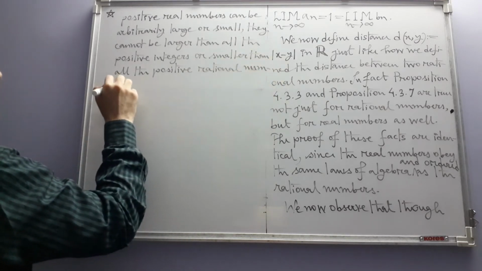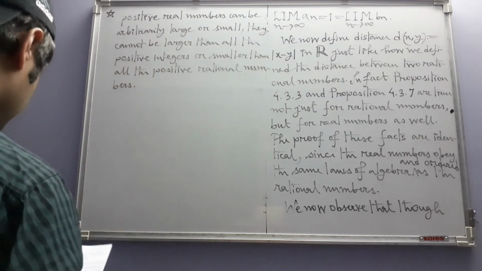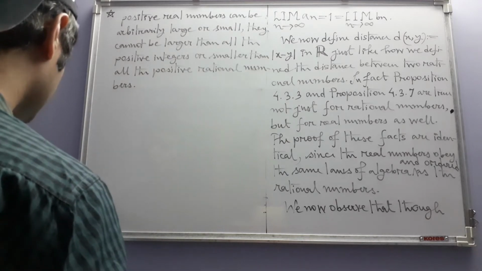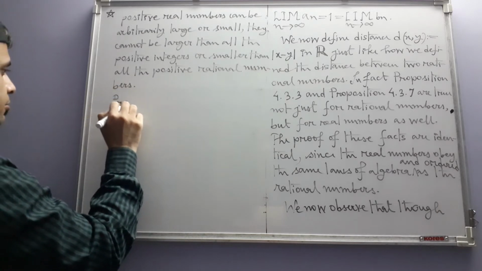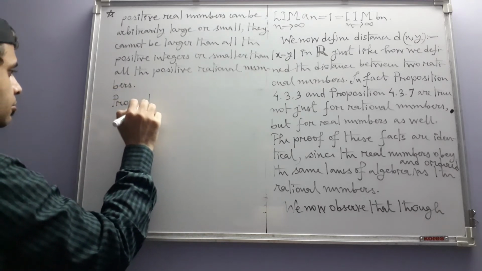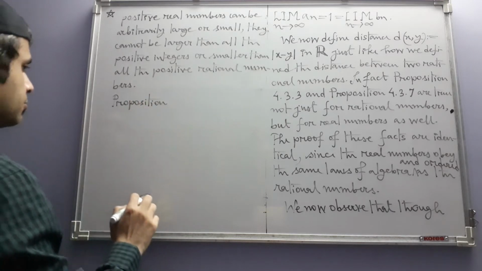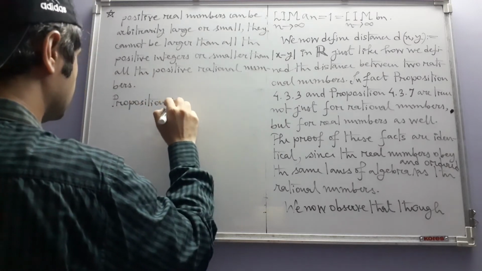That is the content of the next result. Bounding of reals by rationals. So this is proposition 5.4.12.